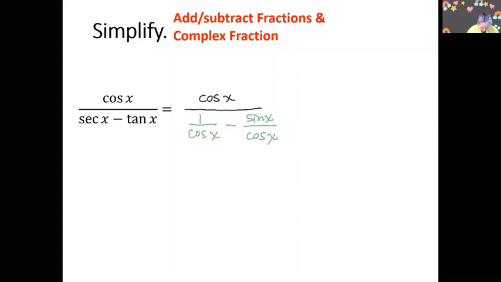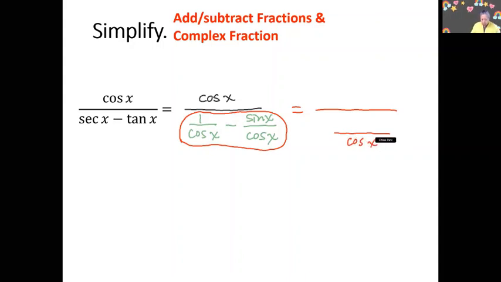So now these two fractions will be added together. Now the common denominator between two fractions is cosine of x. Then once you have the common denominator, you can just go ahead and operate the numerator. So it's going to be 1 minus sine x. Then also I will copy cosine x on the top. Now I have cosine x on the top, and the denominator is one fraction there.